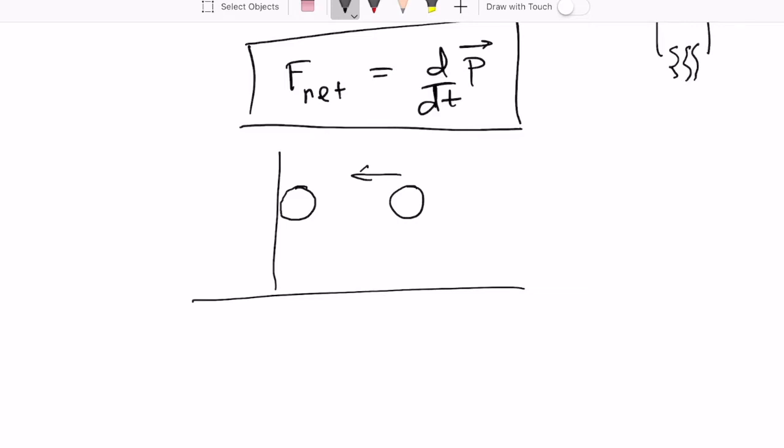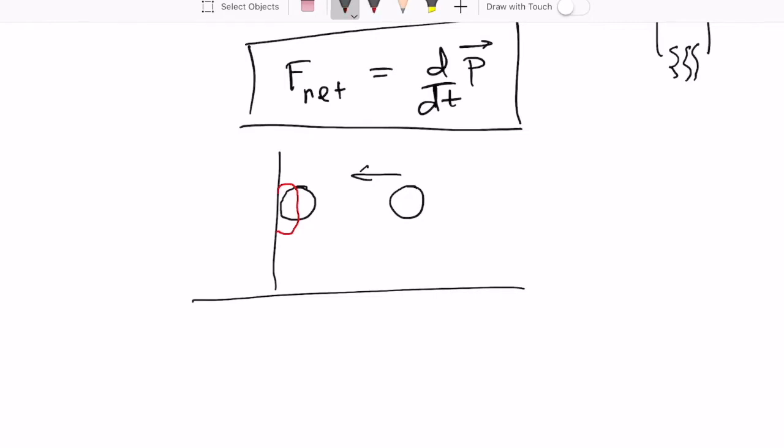The answer is no, because when the ball hits the wall, just as it's making contact, the force is small, but then as the ball slams into the wall and squeezes against the wall like this maybe, then the force might be quite large. Then the ball just takes off in the opposite direction, and as it's taking off, the force from the wall would decrease and then become zero when the ball loses contact with the wall, right?